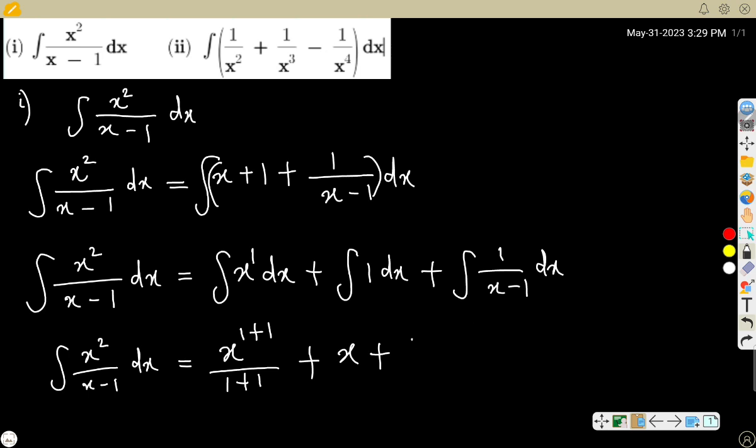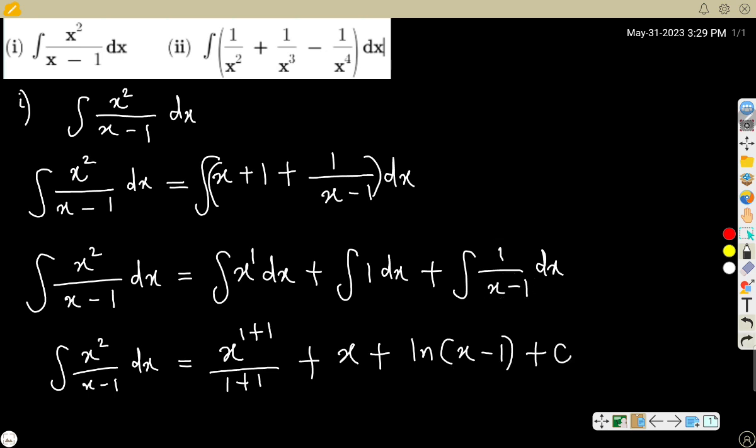Plus ln of s minus 1 plus c. If you differentiate this, you get 1, which is equal to the numerator 1. So the answer will now be ln of this denominator, then you add your constant of integration.